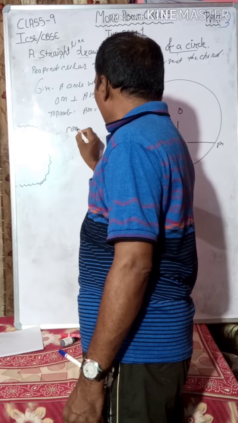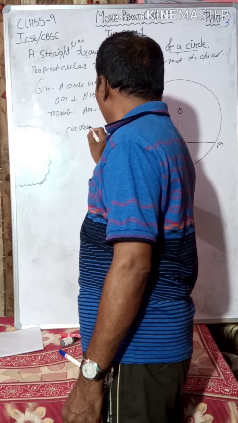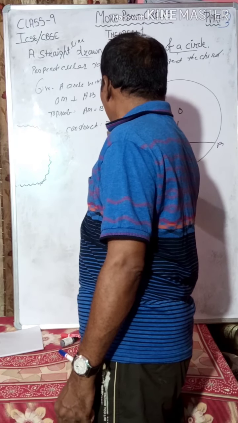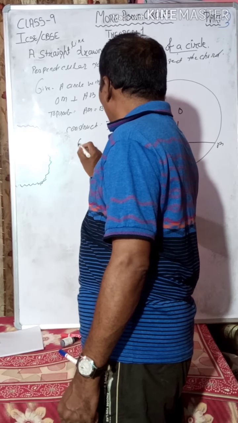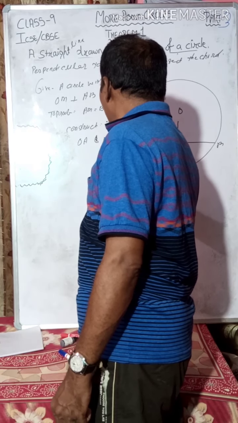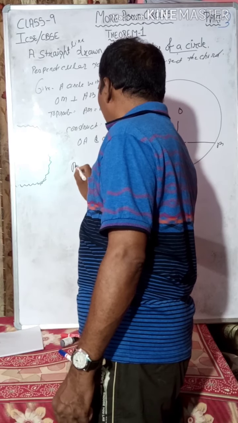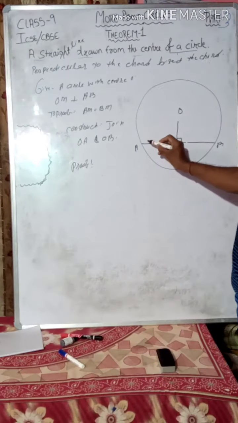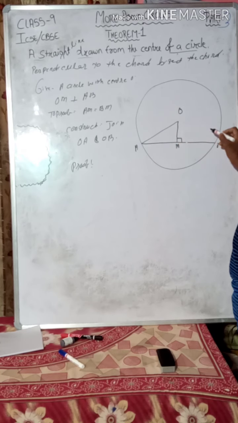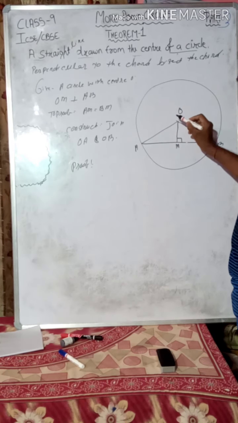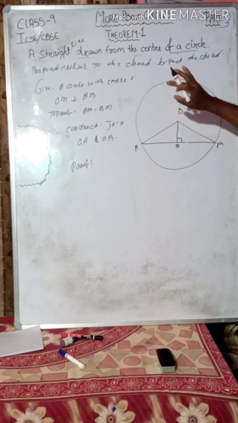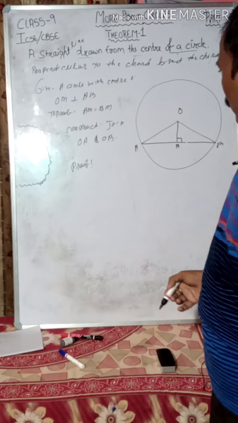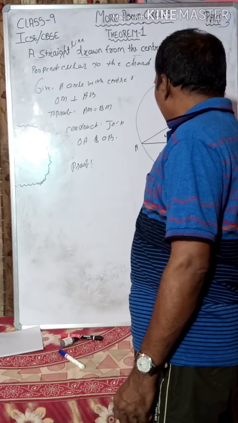Then construction: join OA and OB. Then to prove, take two triangles.